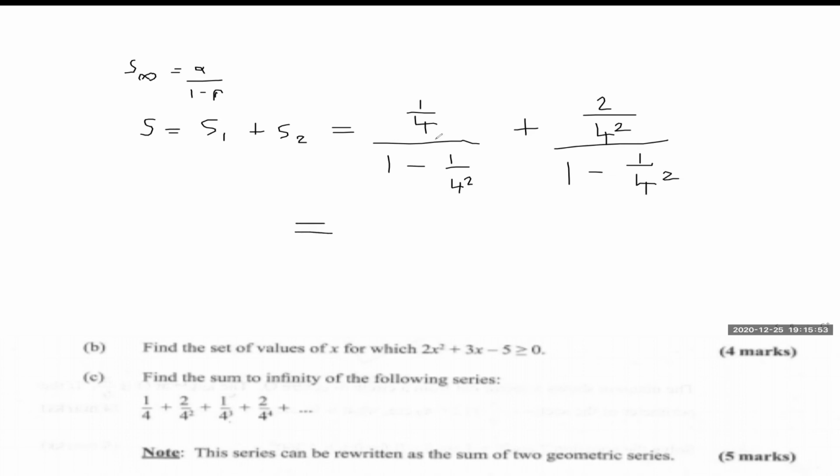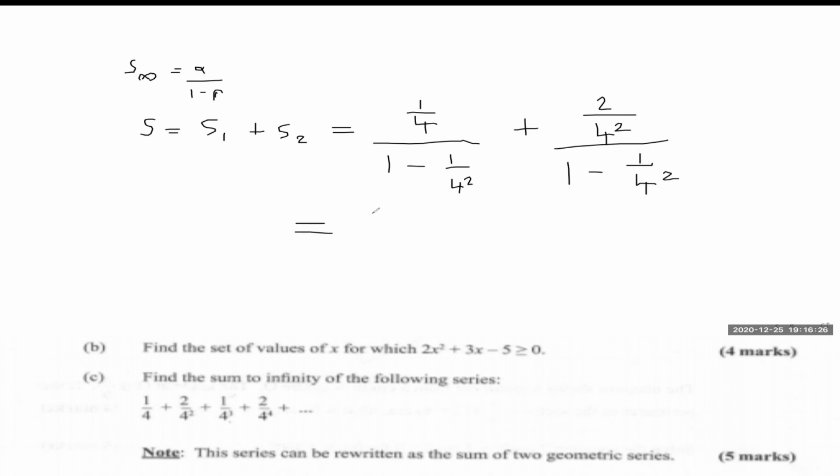Now I'm just going to work out this portion first. 4 squared is 16, so that's 1 minus 1 over 4 squared, which is 15 over 16. And a quarter divided by 15 over 16 is 4 over 15.